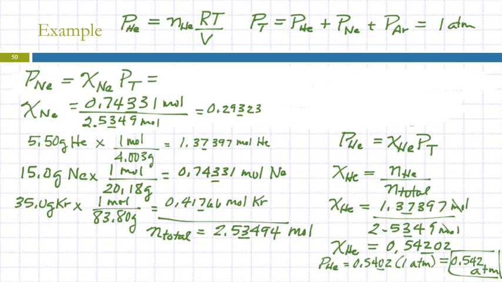So then I go up here, and it's the mole fraction times the total pressure. So this is 0.293 atmospheres for neon.